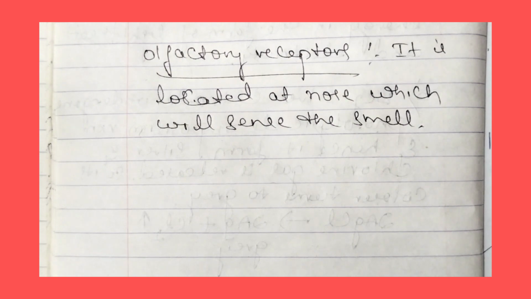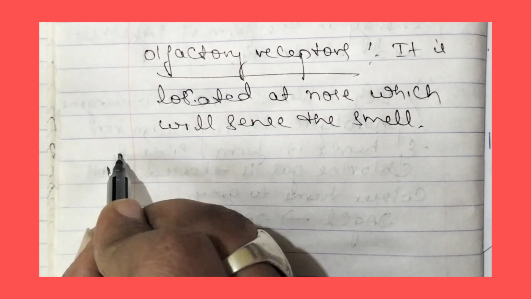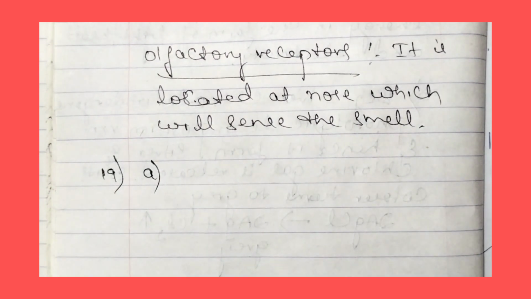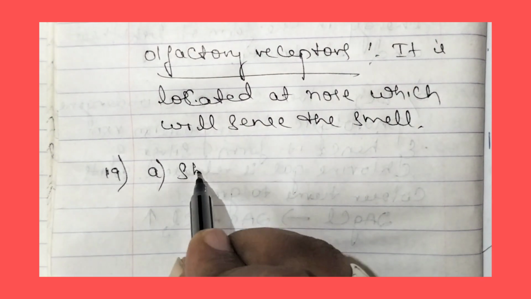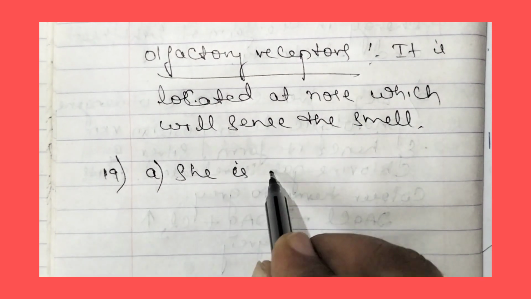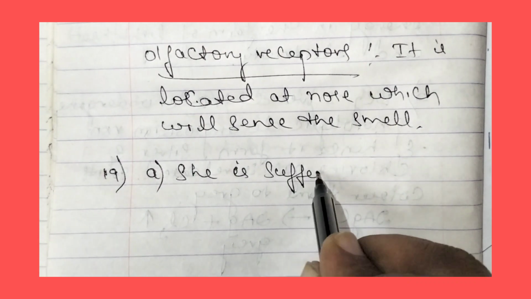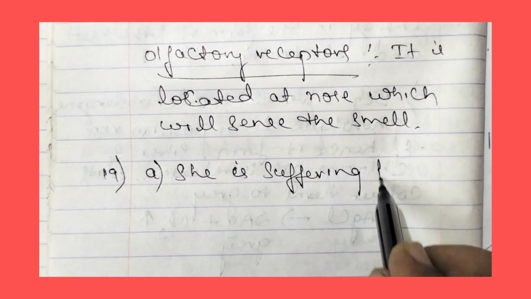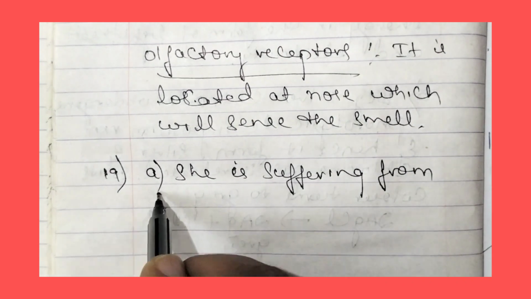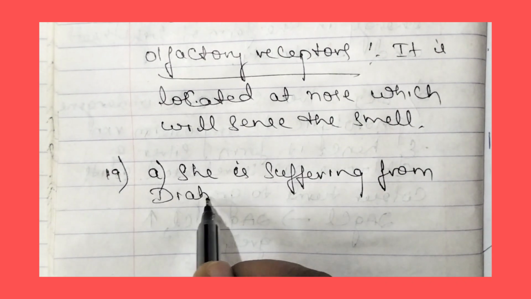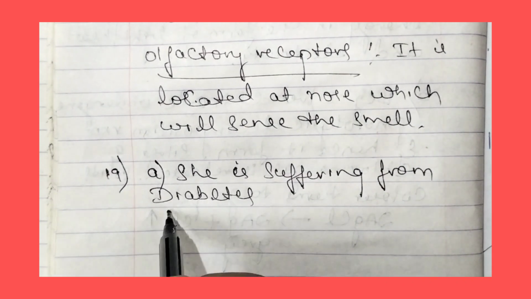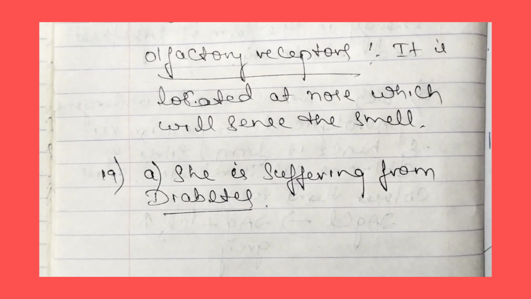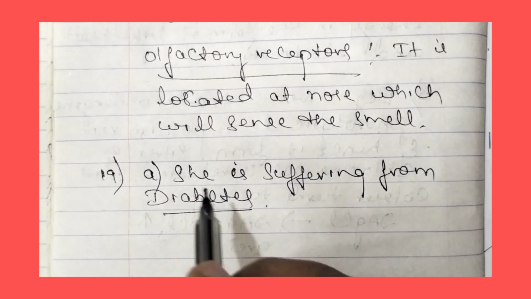So this is the 19th one, A question. Name the disease she is suffering from. She is suffering from diabetes. Then, name the hormone whose deficiency causes it.